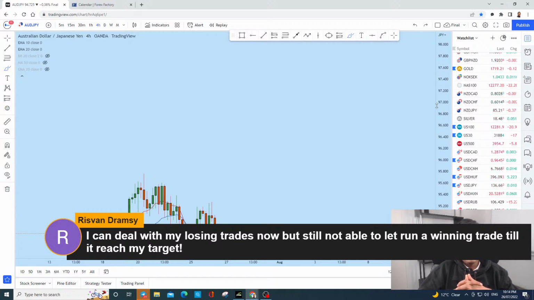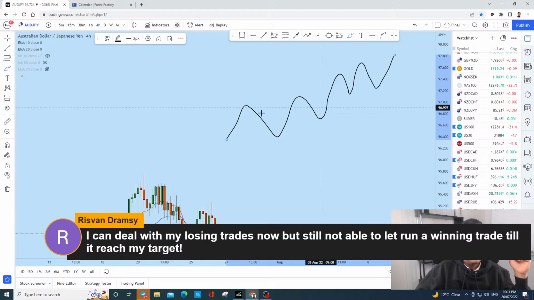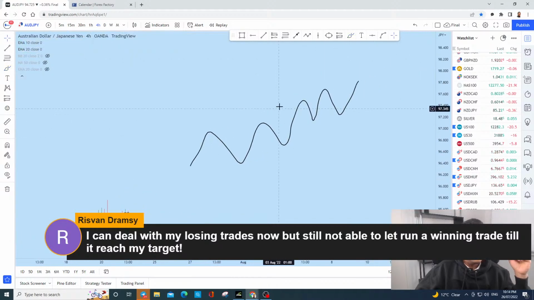Now in trading, you'll see that the journey is bumpy, and the most difficult part is to accept. What do you accept? Accept that it's okay to lose money.